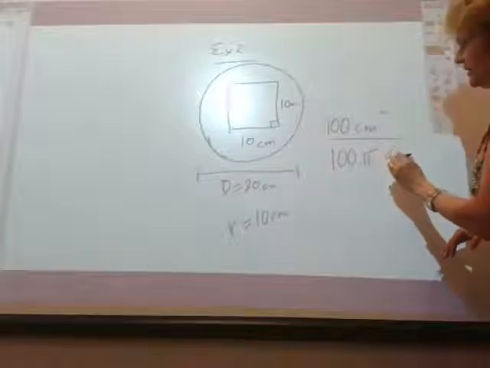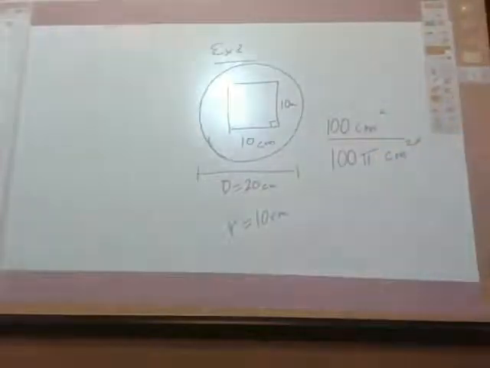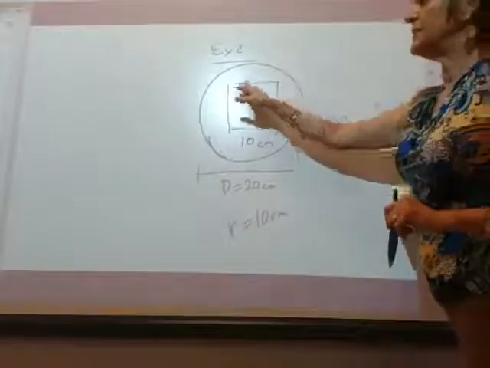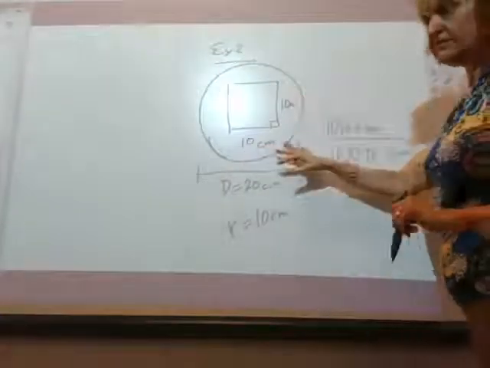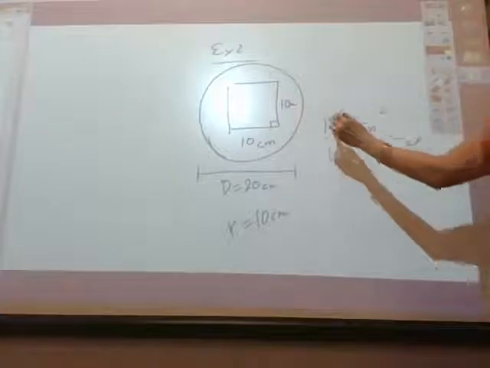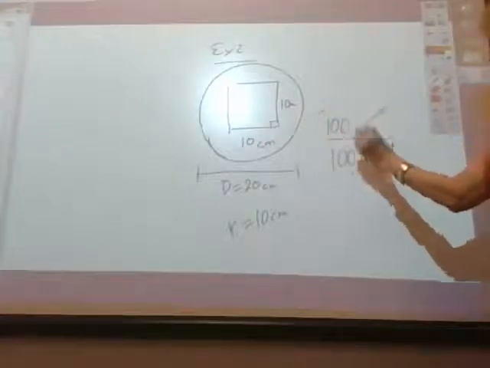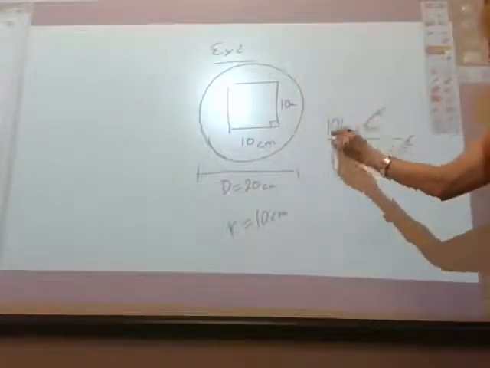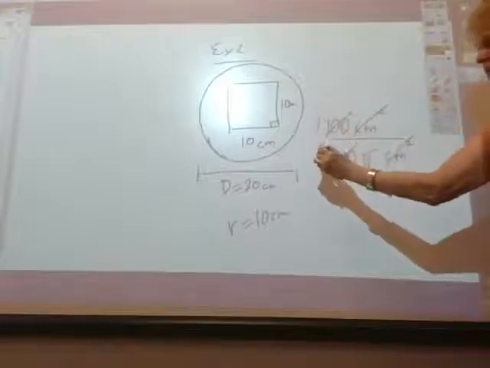Pi r squared. And so what is the probability that something will land in the square out of the probability of landing in the circle? Well, let's see. Centimeter squares cancel. 100 over 100 is 1, right?